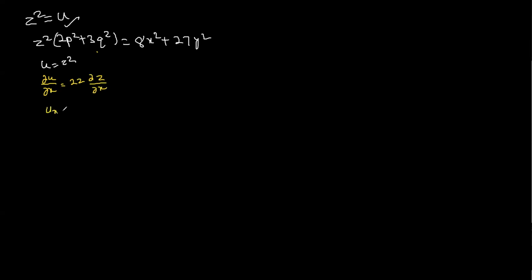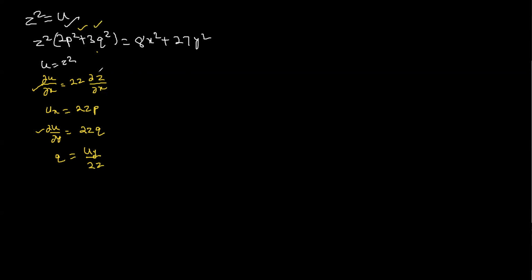You can write Ux is equal to 2zp. Similarly, find del u by del y: 2zq. Then q becomes Uy upon 2z. Can you write in this way? So from the equation, replace p and q.